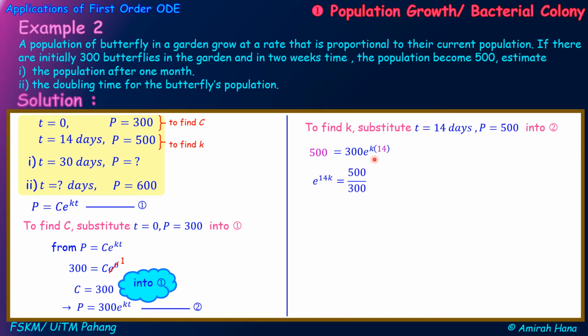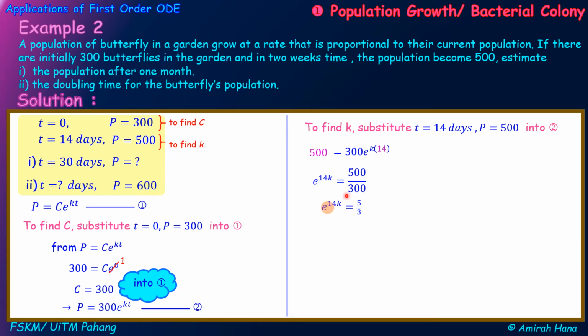After that, we get e to the power of 14K equals 500 over 300 once we move 300 to the left hand side. Now we want to find K. Before that, we can simplify 500 over 300 equals 5 over 3.